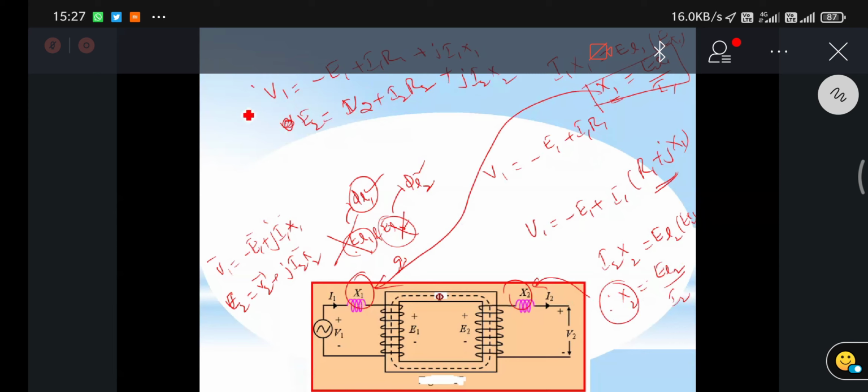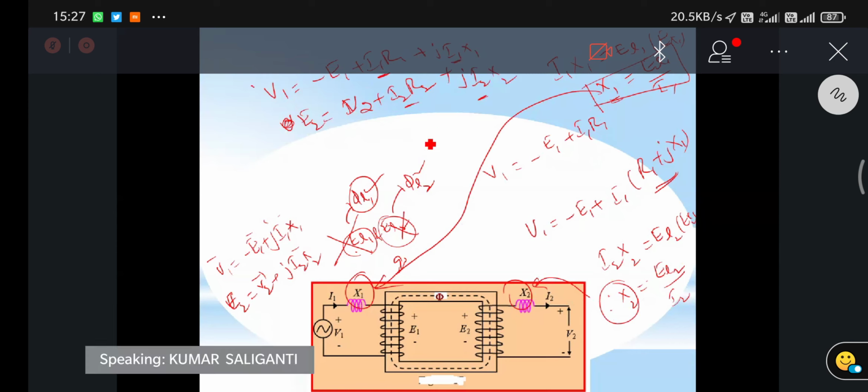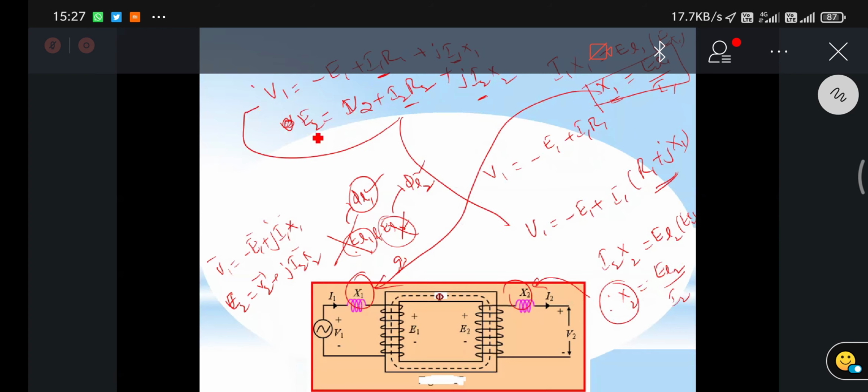After combining these, I1 is common and I2 is common, so you get E2 equal to V2 plus I2 of R2 plus jX2.